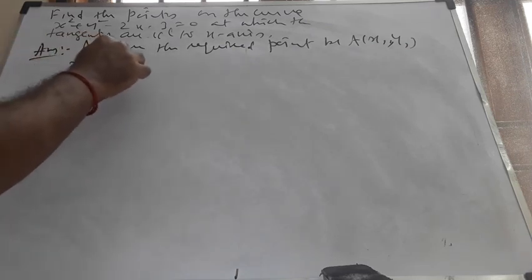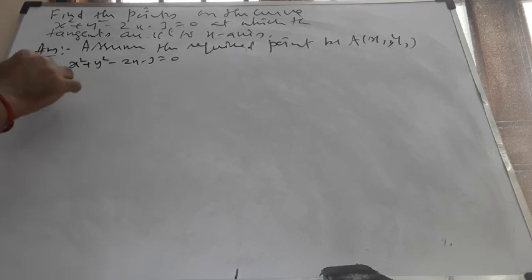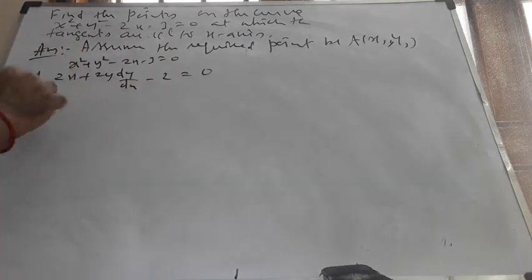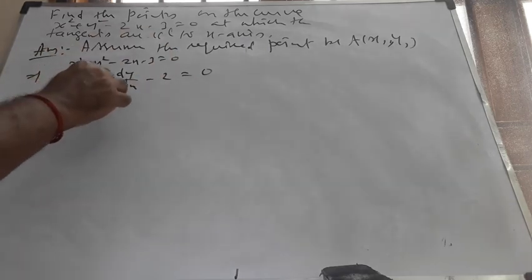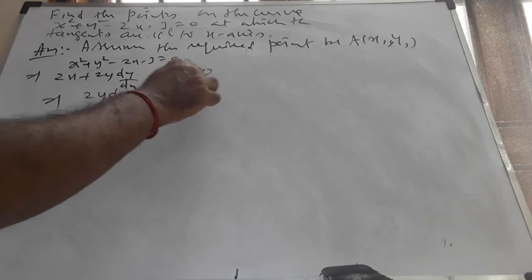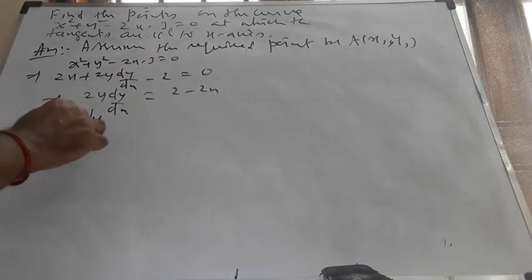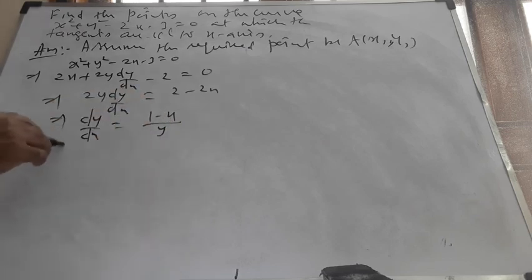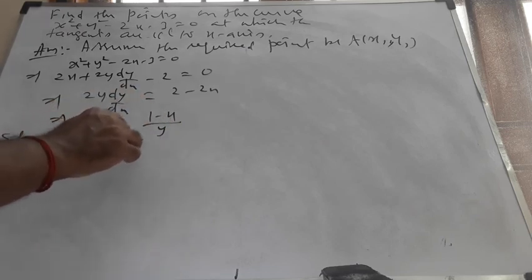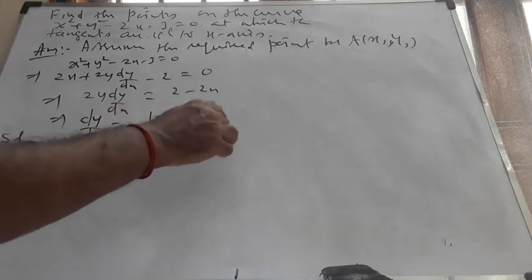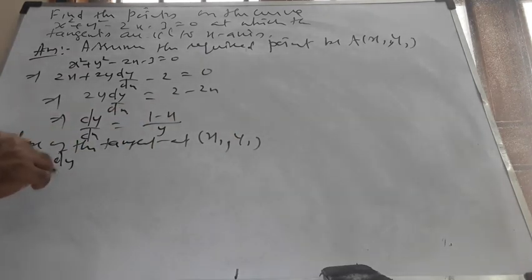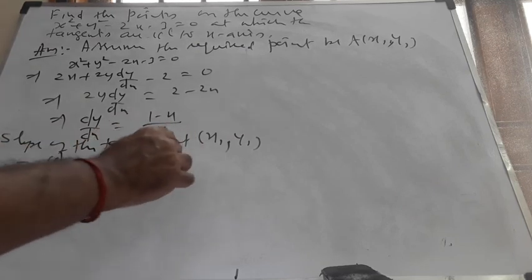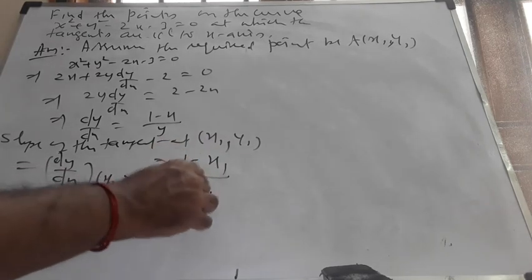Now x square plus y square minus 2x minus 3 is equal to 0 implies 2x plus 2y dy by dx minus 2 is equal to 0, implies 2y dy by dx is 2 minus 2x, which implies dy by dx is (1 minus x) by y. Therefore, slope of the tangent at (x1, y1) is dy by dx at (x1, y1), which is 1 minus x1 by y1.